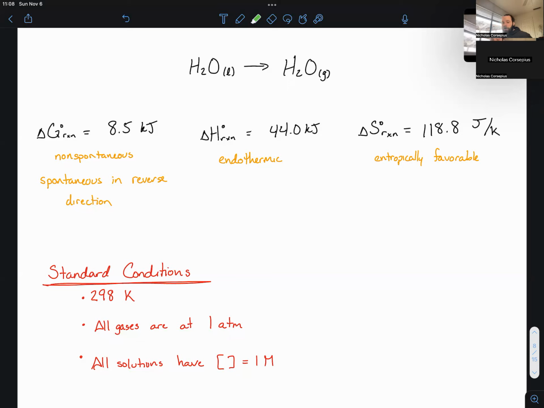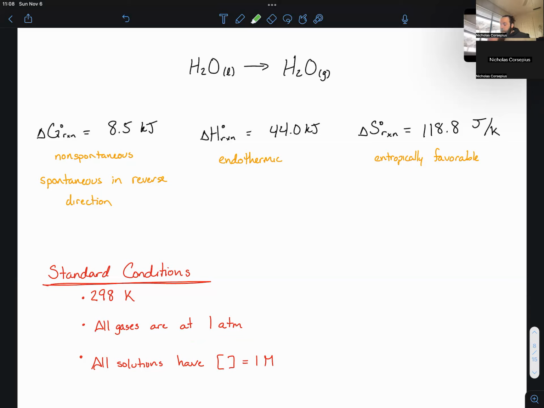So why does water evaporate spontaneously at room temperature? Because, given a random room like the one I'm in now, the partial pressure of water in that room is nowhere near 1 atm. The total gas pressure in this room is 1 atm. If it was all water, I'd be in big trouble, right? So the reason why water will evaporate spontaneously is because normally in this room right here, I'm not at standard conditions. Because again, standard condition is a very specific set of conditions.